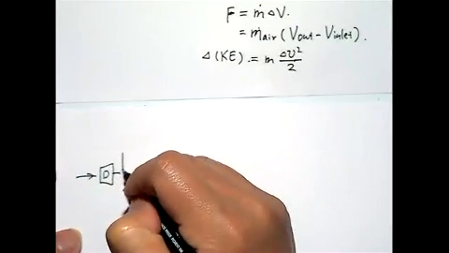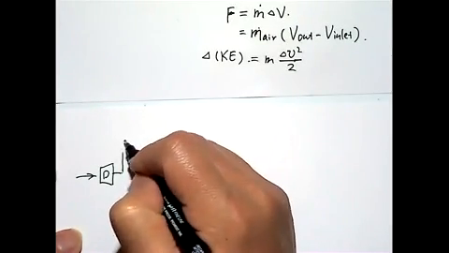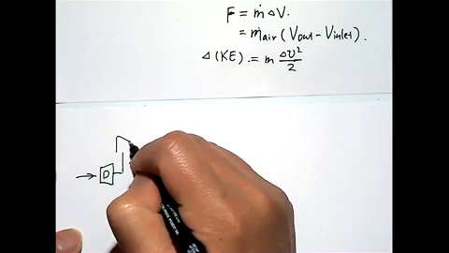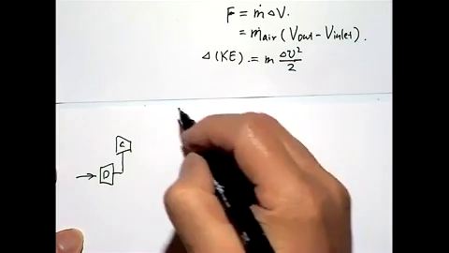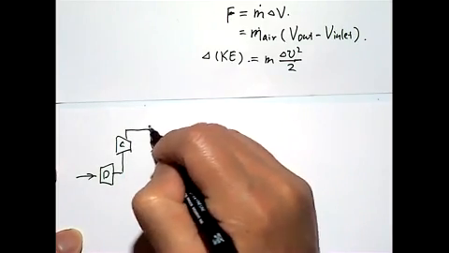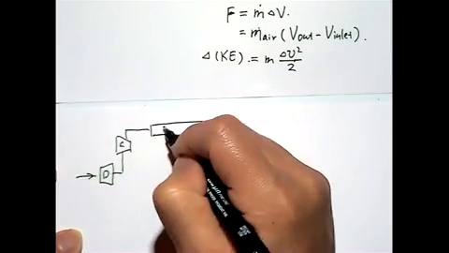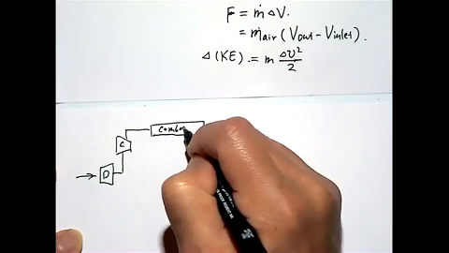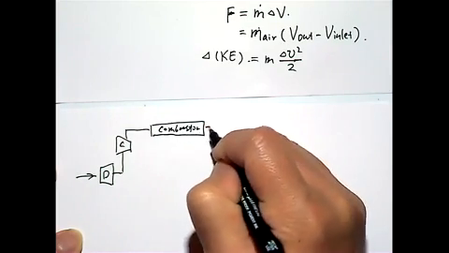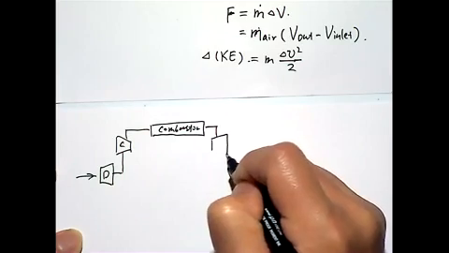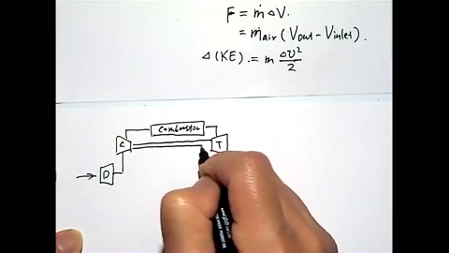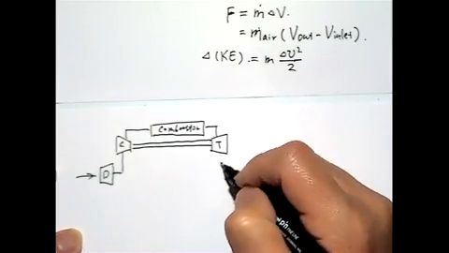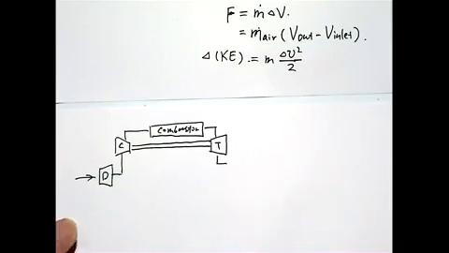This diffuser is connected to a compressor, the compressor then goes into the combustor, and the combustor drives a turbine.